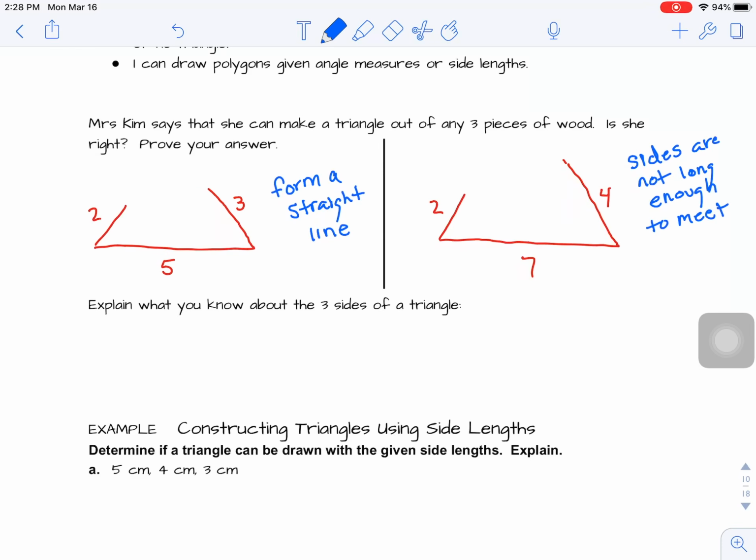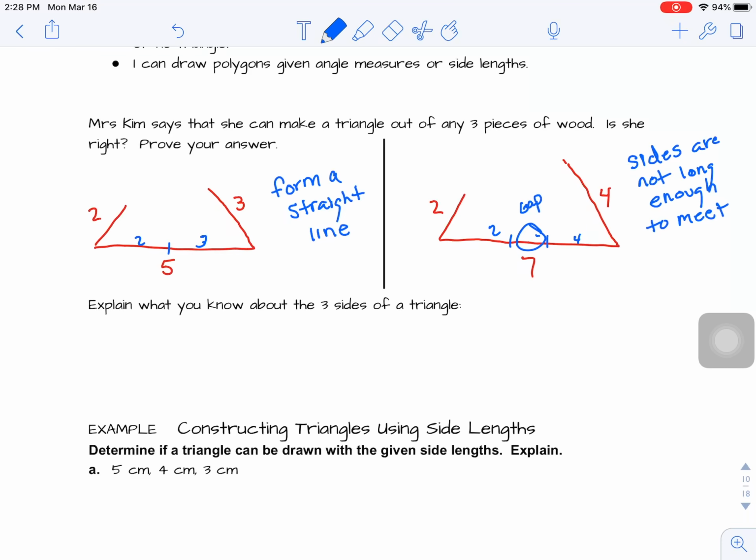If you folded these down, 4 and 2 units, you would still have this kind of gap in the middle. It wouldn't end up closing the triangle. Where this one, if you had the 2 and the 3, that would form just a straight line if you folded those down. So explain what you know about the 3 sides of a triangle.